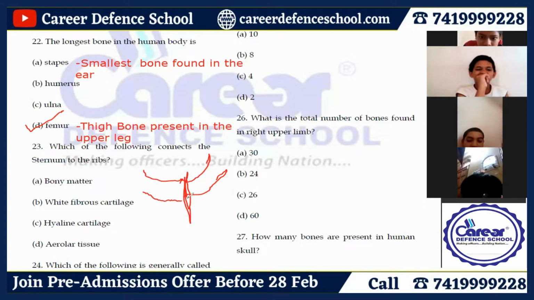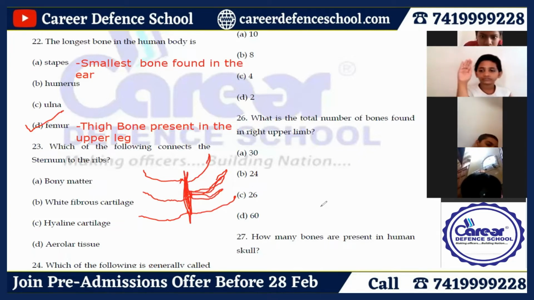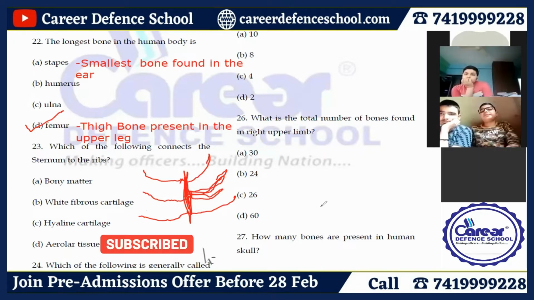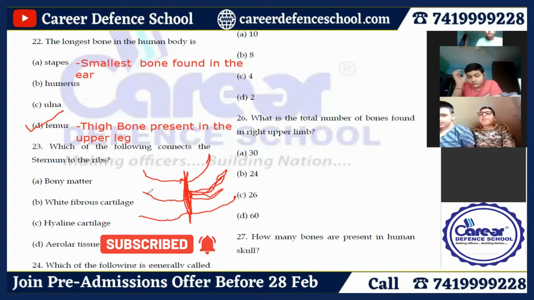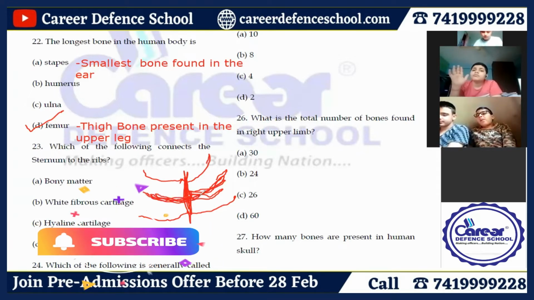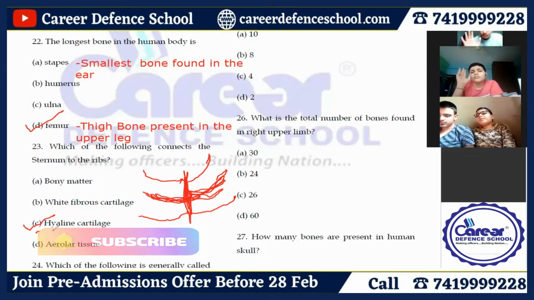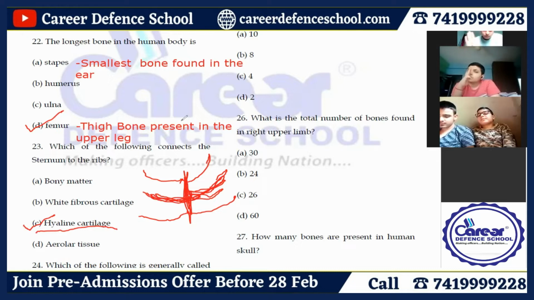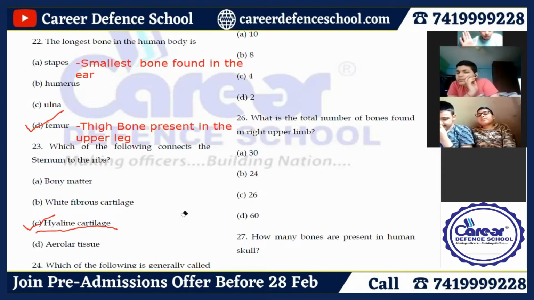So which ligament or cartilage is present between the sternum and the ribs? Can anyone answer? Hyaline cartilage connects your ribs and your sternum with each other. So its answer is hyaline cartilage. C is the answer. Write it. It is a connective tissue. Write down here: it is a connective tissue.